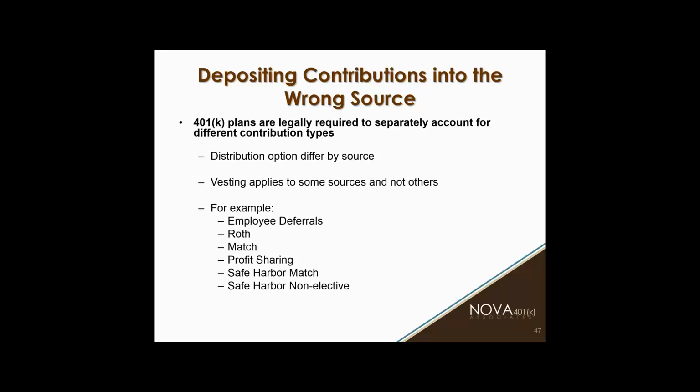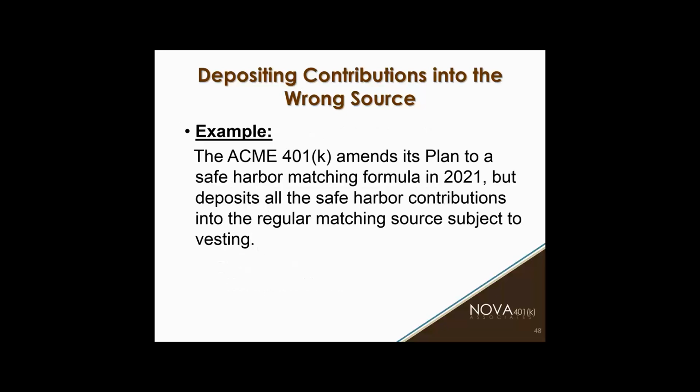But since the vesting for all of these money sources can be different and the distribution requirements are different, they have to be record kept by Hancock and Voya and all those guys separately, all right? And we do find that companies sometimes deposit money into the wrong source, and then we have to spend time fixing that for you, which again, we have to charge for.